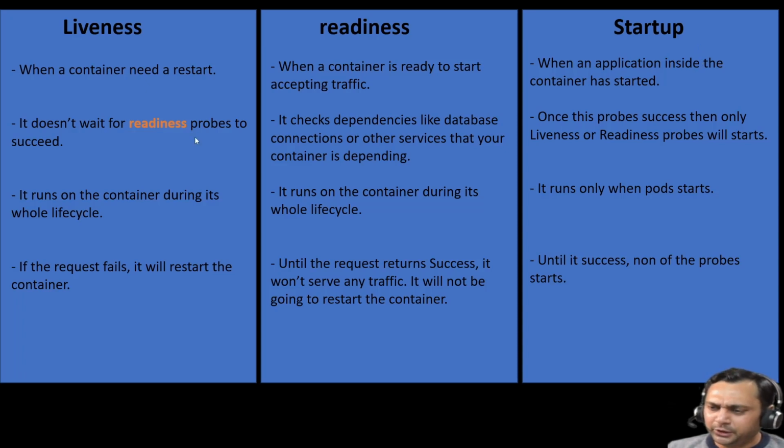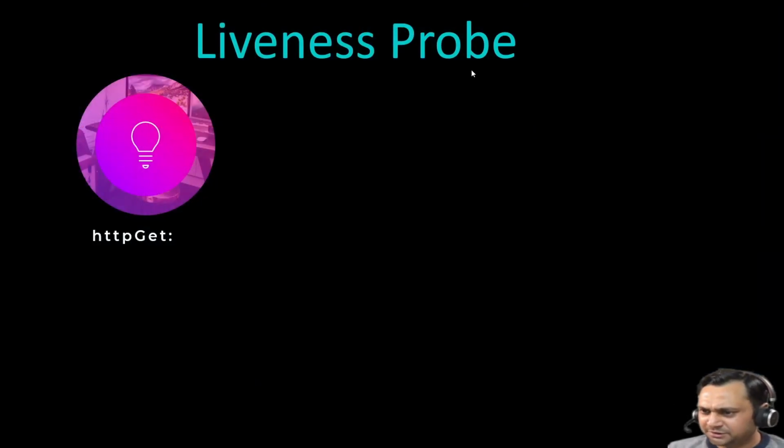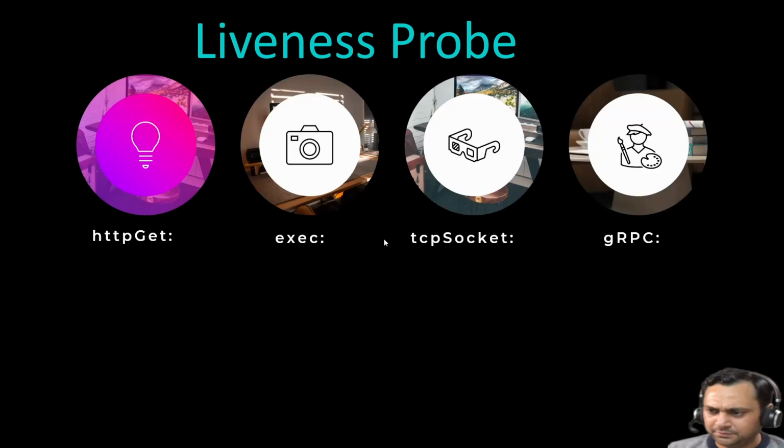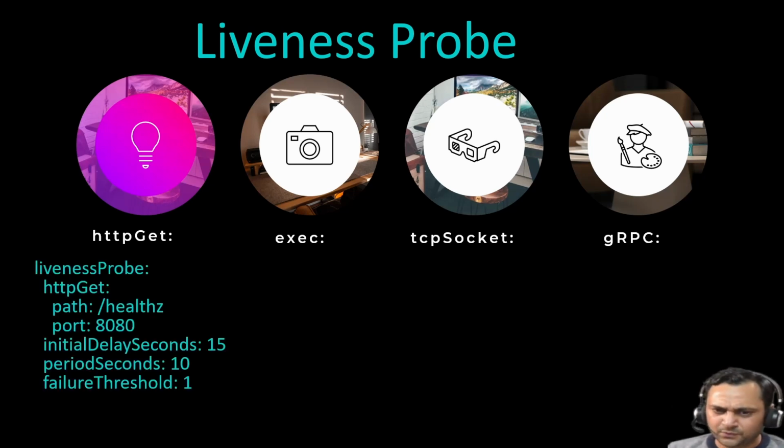Let's deep dive into how we can configure these liveness probes. Liveness probes we can achieve with the help of HTTP GET, execute command, TCP socket, and gRPC service. In HTTP GET, we can configure the liveness probe with the help of HTTP GET.